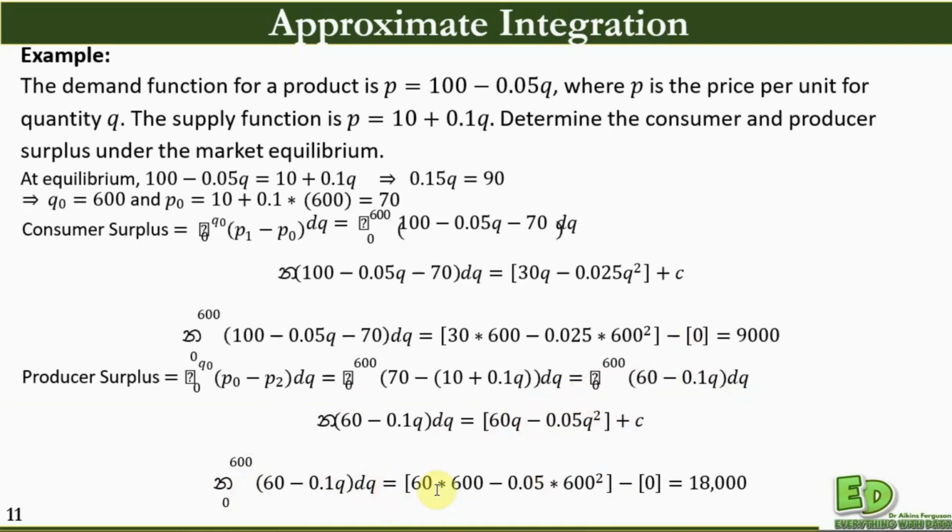So 60 times the upper limit 600, in place of Q, minus 0.05 times 600 squared, minus the same for lower limit 0, 60 times 0 minus 0.05 times 0, which gives you 0. So the total minus 0 should give you 18,000 as the producer surplus.